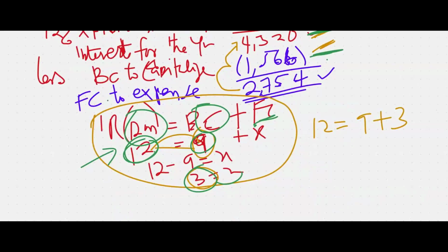Then to find the finance costs, since we know the total interest for the year and the borrowing costs, we will change the subject and make finance cost the subject. Then subtract borrowing costs from the interest for the year. The difference will become the finance cost.